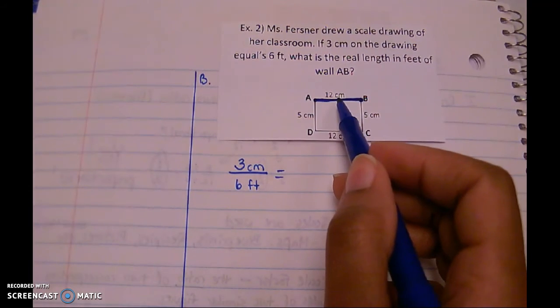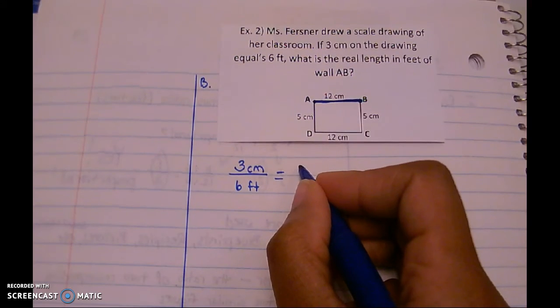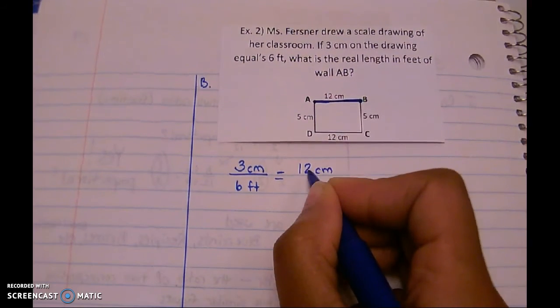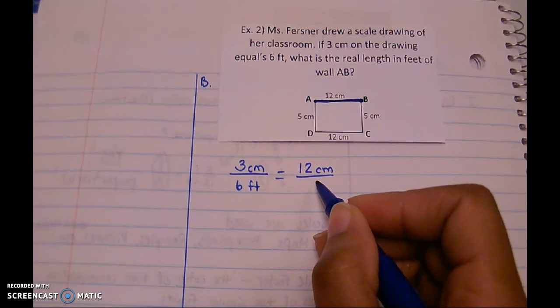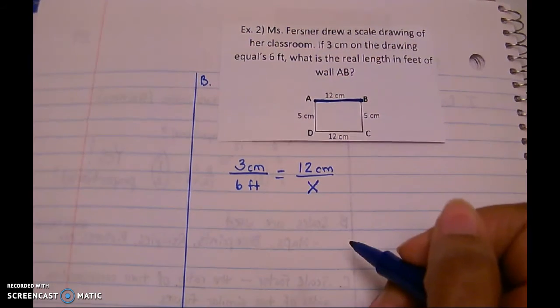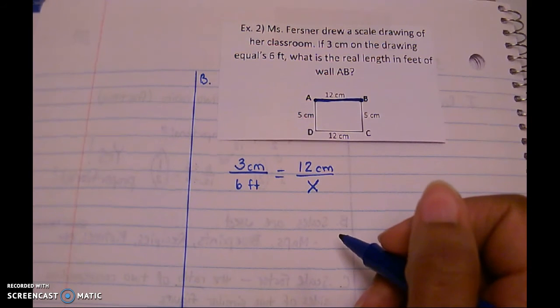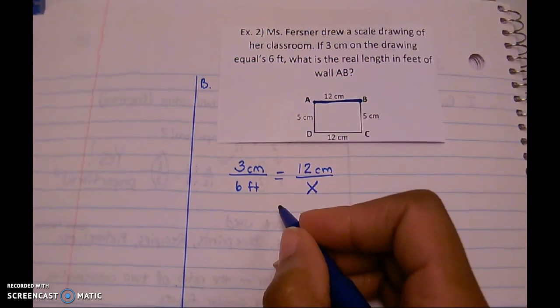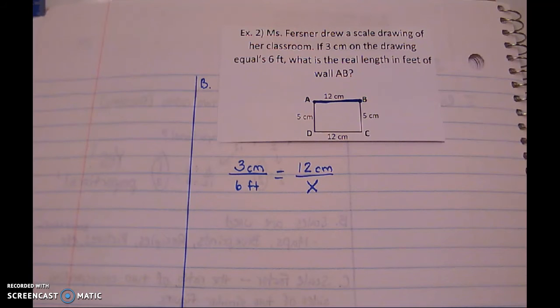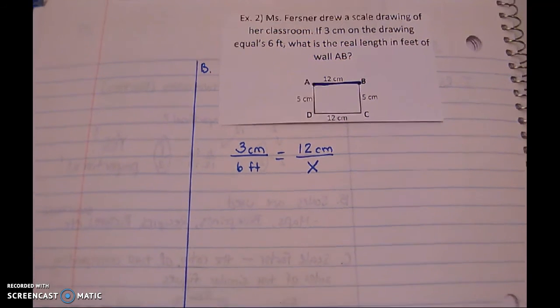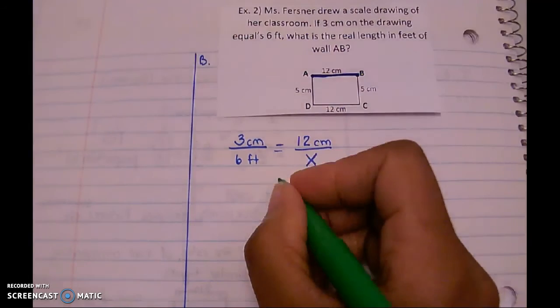Well, I know that wall AB is 12 centimeters. So I'm going to write 12 centimeters. But do I have that direct correlating number in feet? No, I don't. So I'm going to represent that by the variable x. Okay? Then I'm going to use the same butterfly method that I just used. So the first thing I'm going to do is bring down my equal sign.